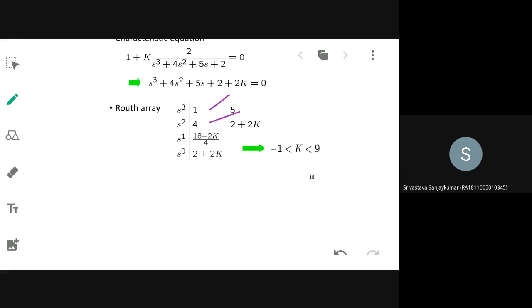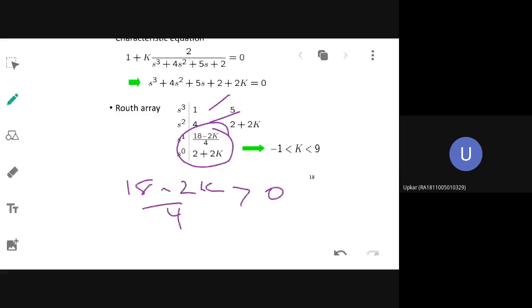So for K, these two you have to check: 18 minus 2k divided by 4 should be greater than 0, and 2 plus 2k should also be greater than 0. Then only the system will be stable. Greater than 0 means positive when substituting; less than 0 means it will become negative.